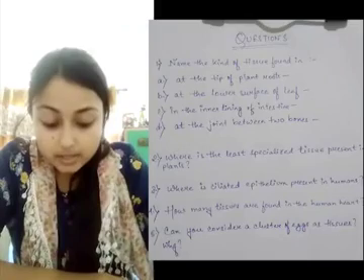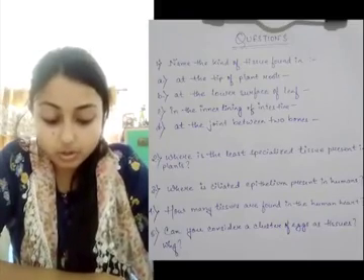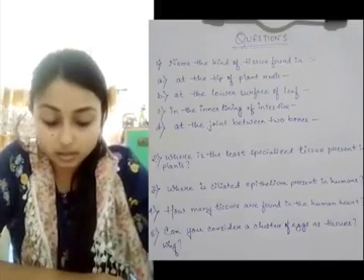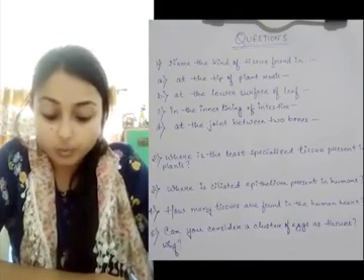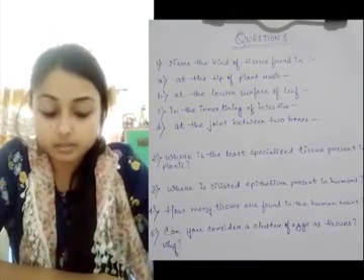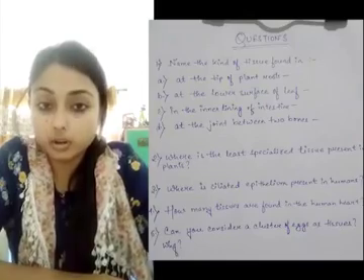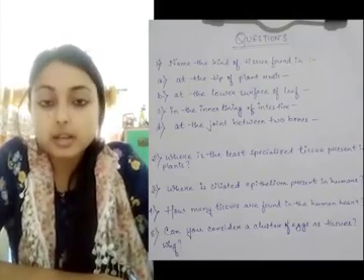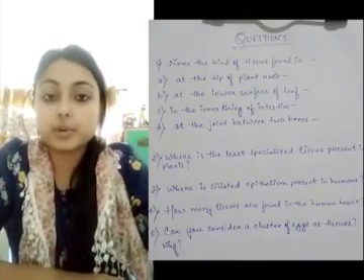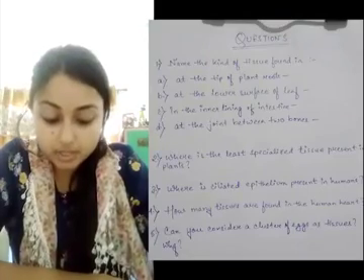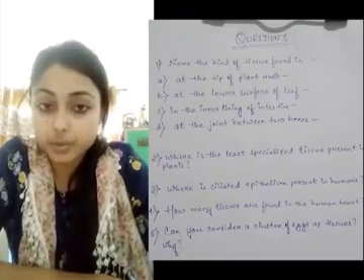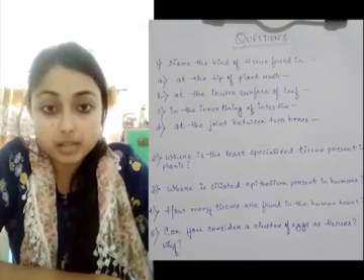Next question. Where is the least specialized tissue located in plants? I repeat, where is the least specialized tissue located in plants? It is the parenchyma tissue. So parenchyma tissues are the least specialized tissues in plants.